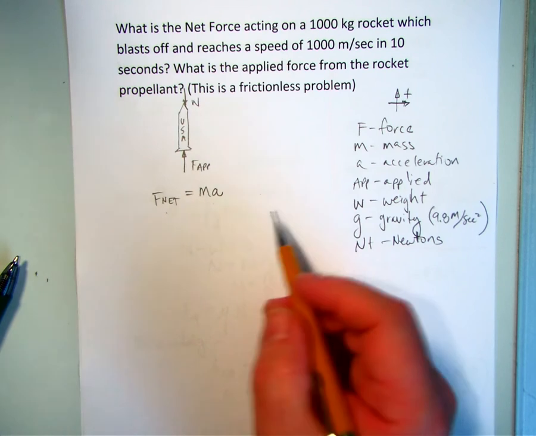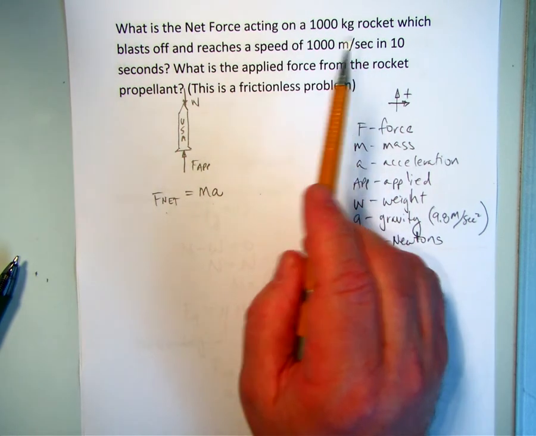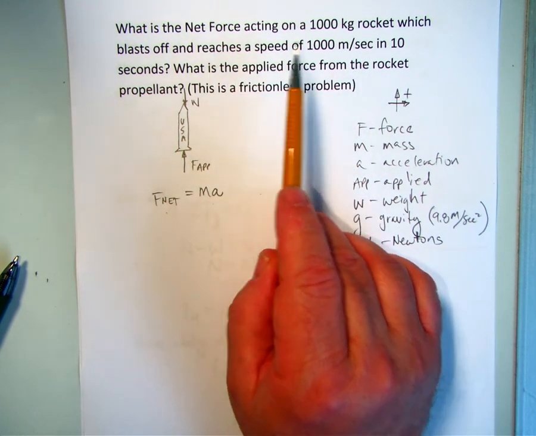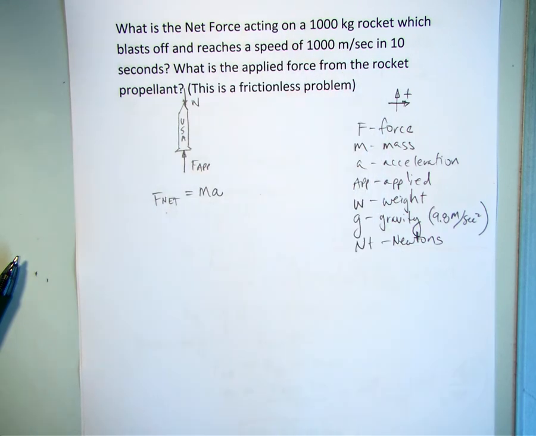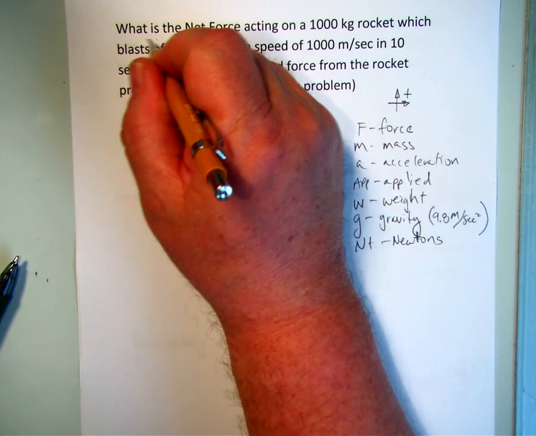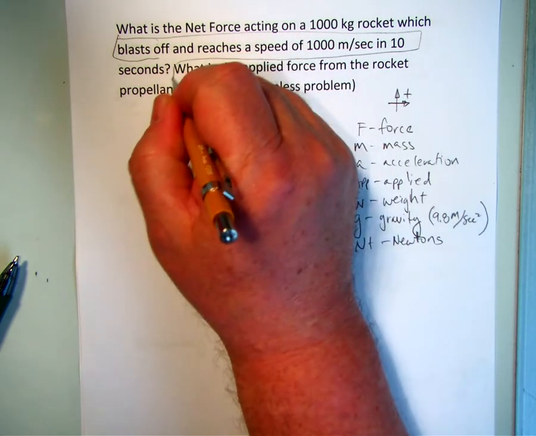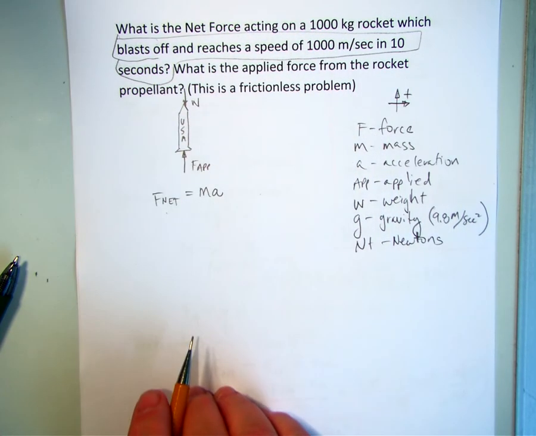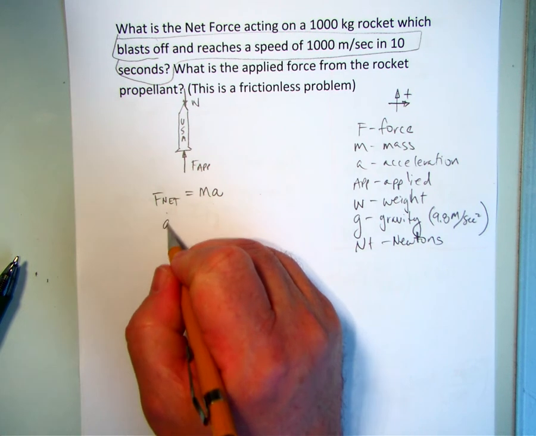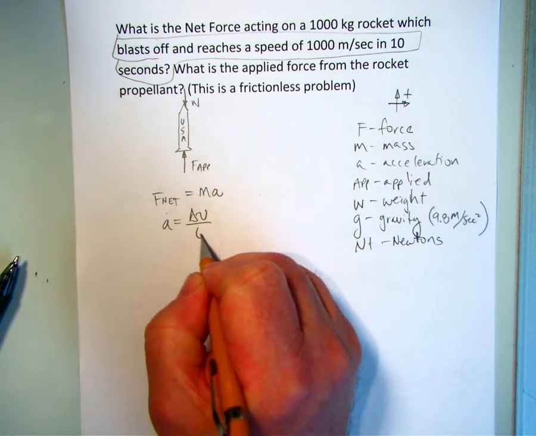Well, do we know the acceleration? Actually, we do. It blasts off and reaches a speed of 1,000 meters per second in 10 seconds. What does that tell us? An acceleration, doesn't it? Acceleration is nothing more than a change in velocity over time.